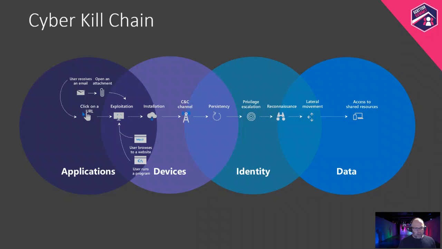We might be already familiar with the cyber kill chain, which is illustrated here in the form of a user receiving a bad email. The user is opening the email, and from there things are happening. This is one way an attack could happen, of course.